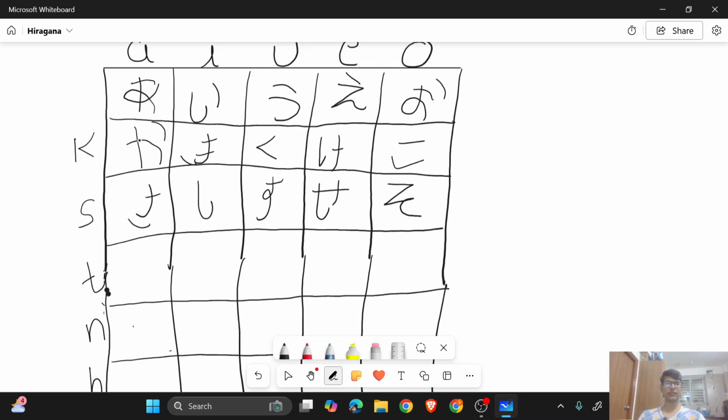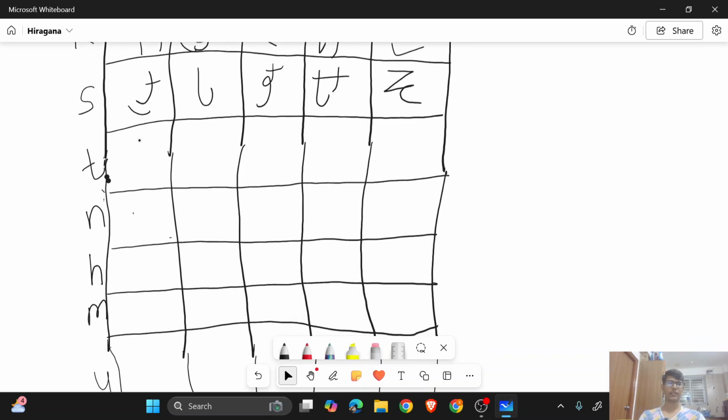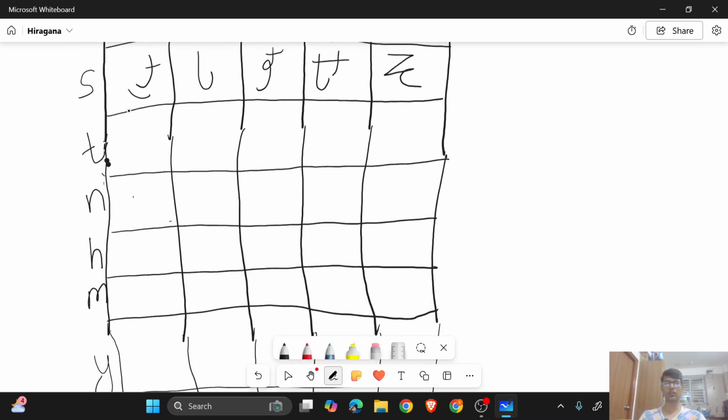Next is the T consonant column, which will be Ta. Here we have another exception. It is not Ti. It is actually Chi.